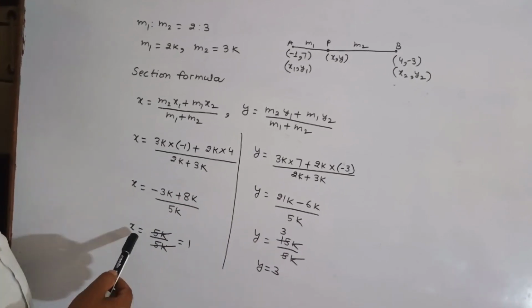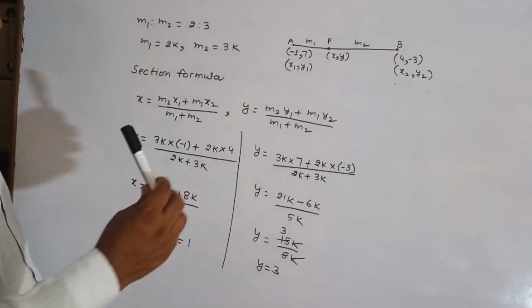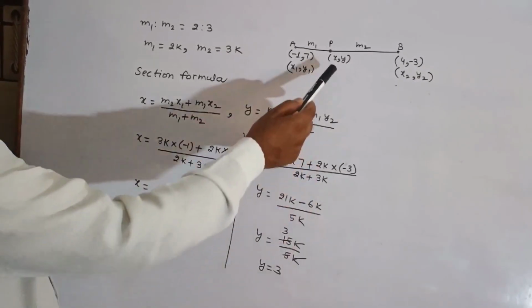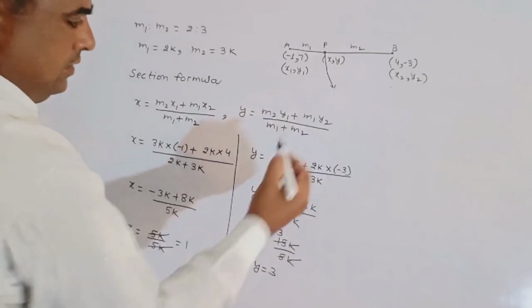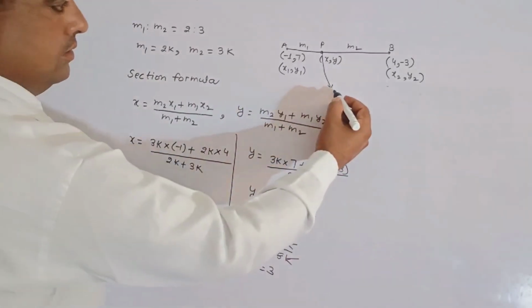So we are getting here x equals 1 and y is equal to 3. So the coordinates of this point P will be (1, 3).